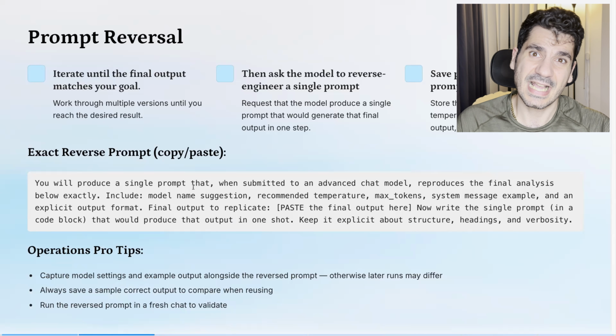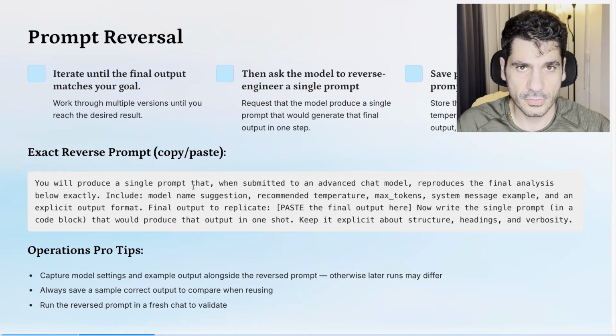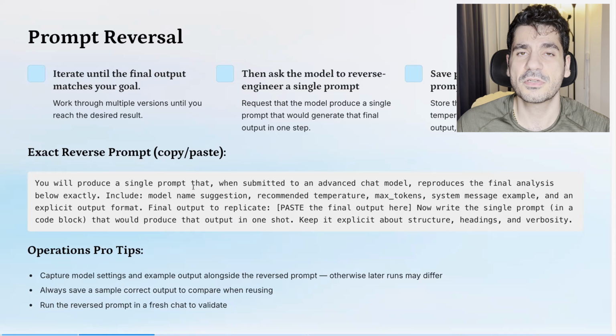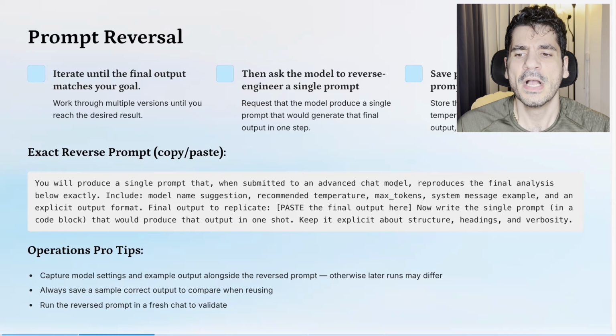So this is the exact prompt to do the reverse engineering. Feel free to pause the video to look at it, or more simply, you can just take a look at the link in the description of the video and download the full prompt. The whole concept is that you want to have chat mode, and you want to have the final analysis below.